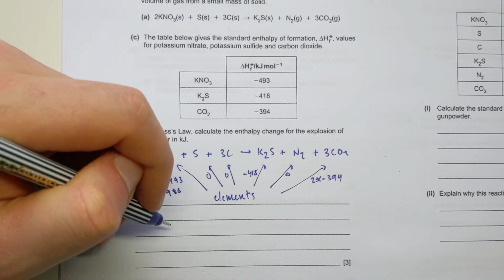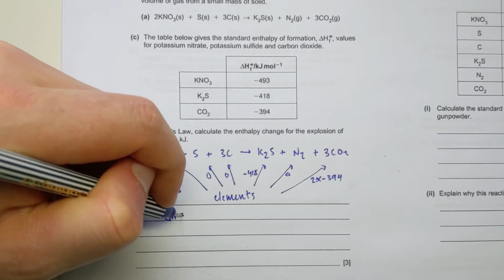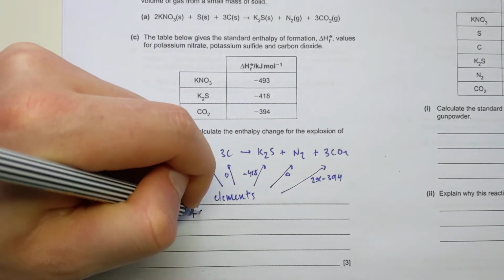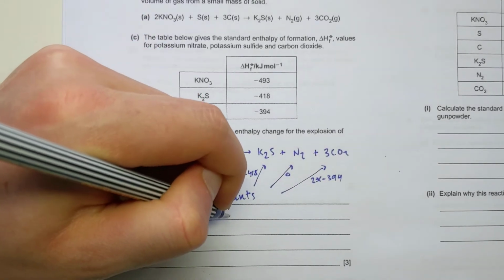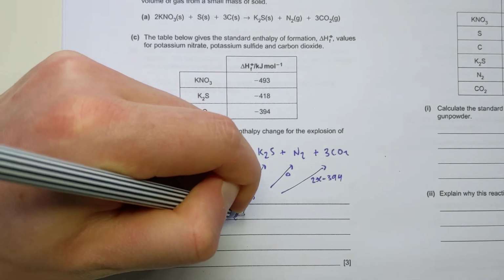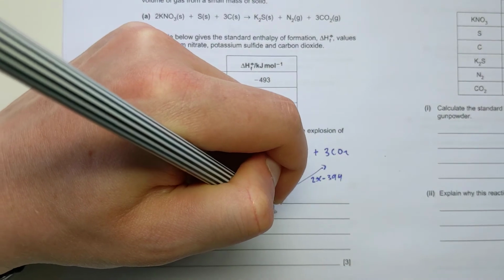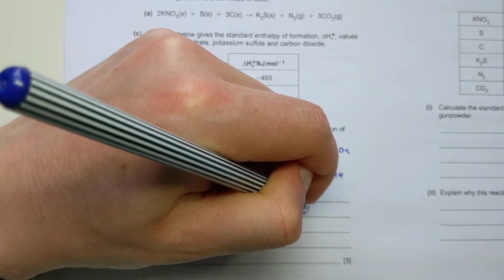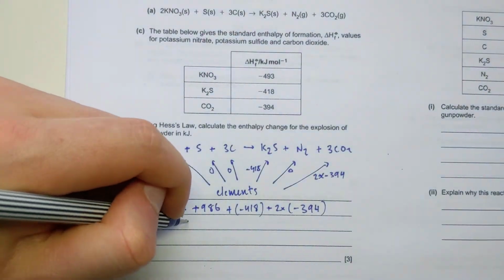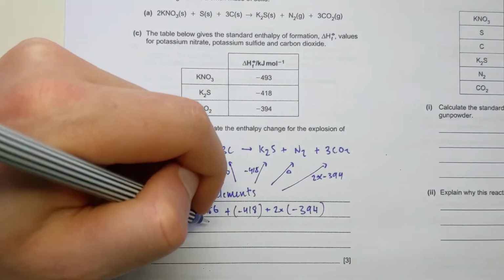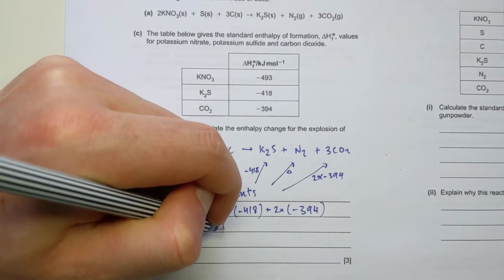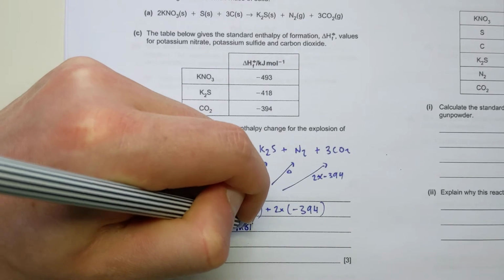Flipping that for my Hess cycle manipulation, it's going to be plus 986. Then plus minus 418 for the potassium sulfide, and plus 2 times minus 394 for the CO2 values, should come out as a final value of minus 614 kilojoules per mole.